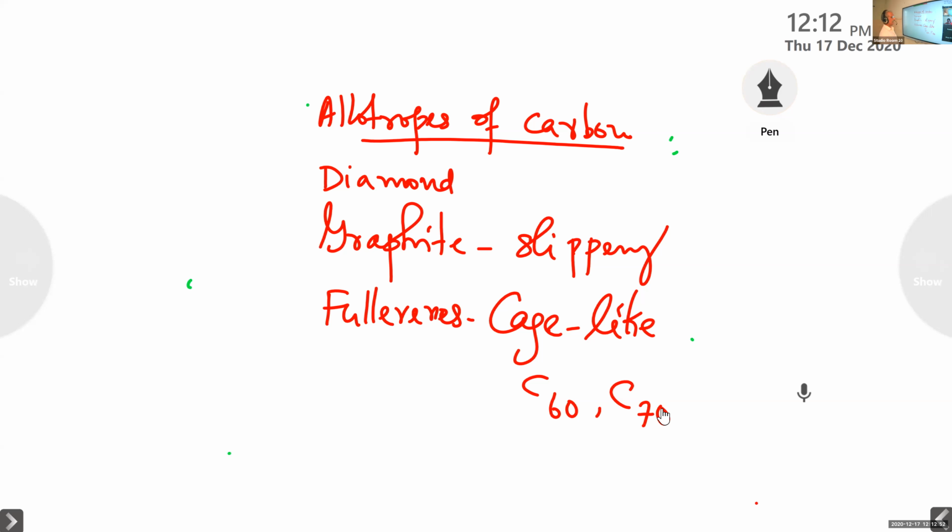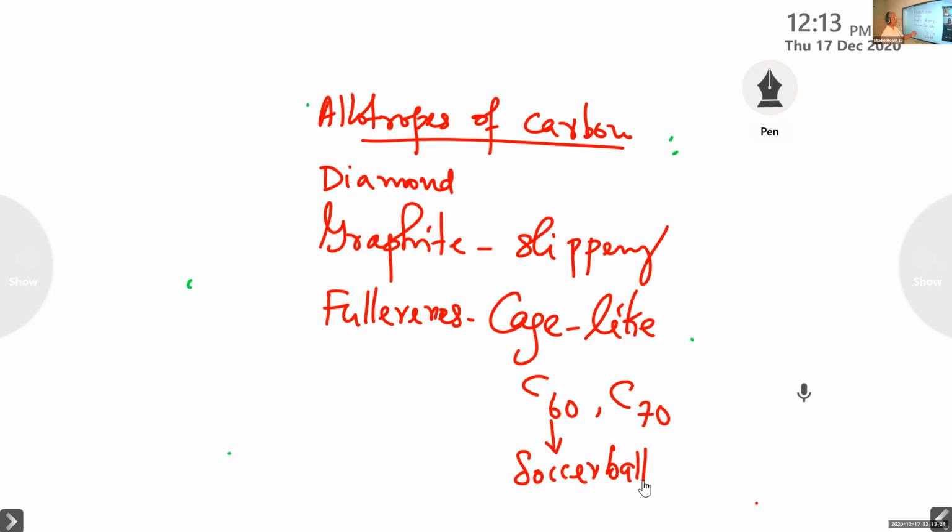It has the shape of a football, a soccer ball, spherical. Inside is hollow. And on the surface of the soccer ball, 60 carbon atoms are arranged. So it is having cage-like structure.